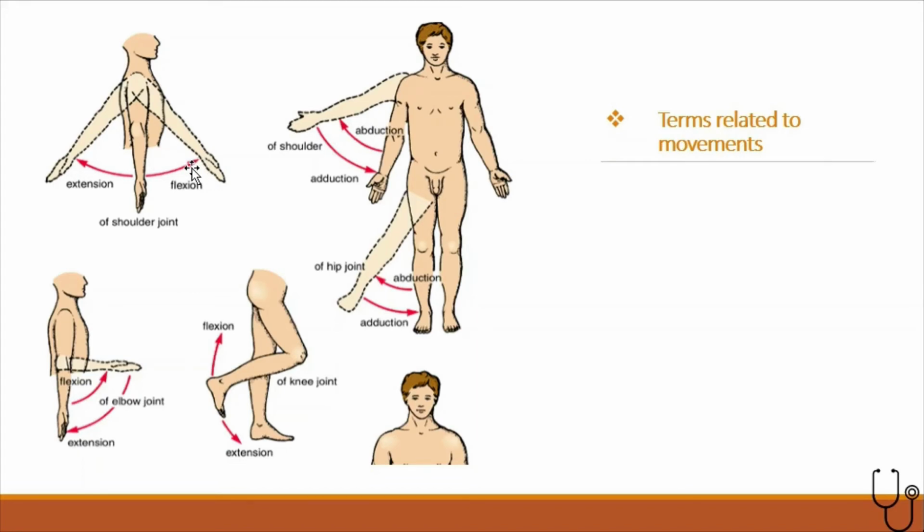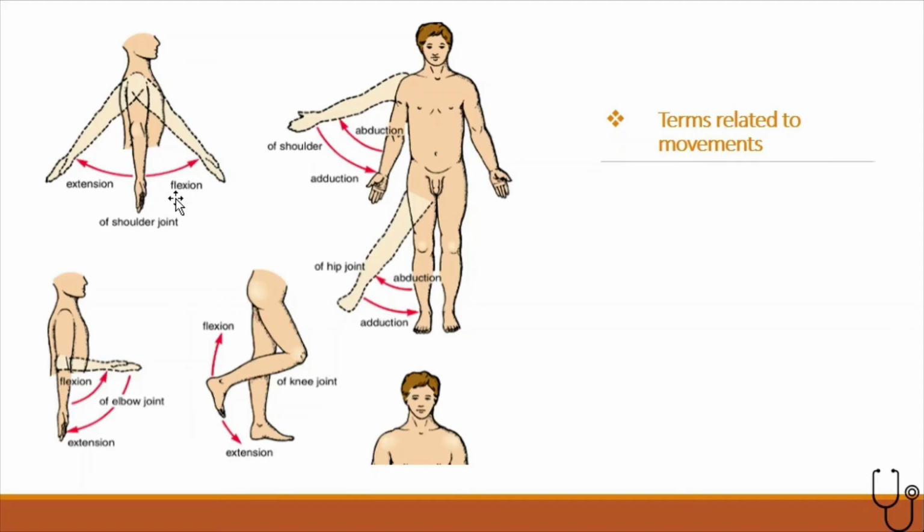Usually flexion is an anterior movement, but sometimes, as you can see in this picture of the knee joint, flexion is a posterior movement. I told you that anterior means front side and posterior means back side.